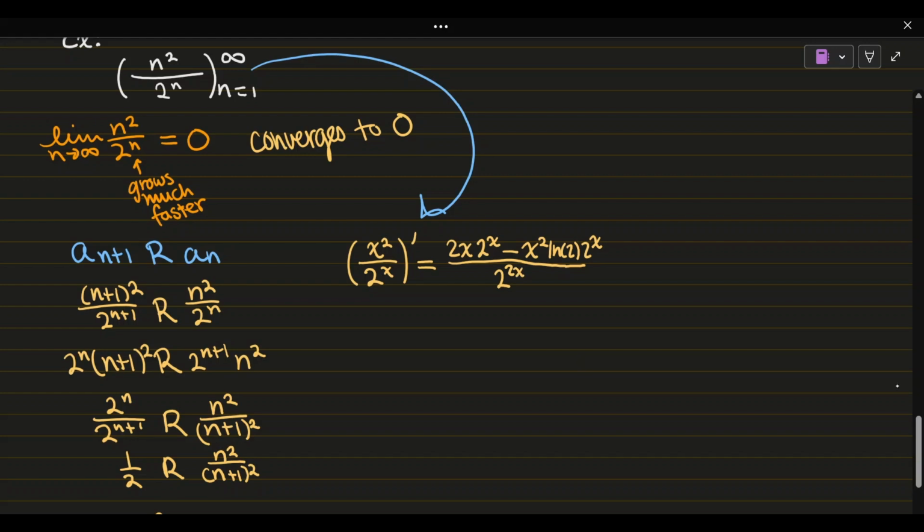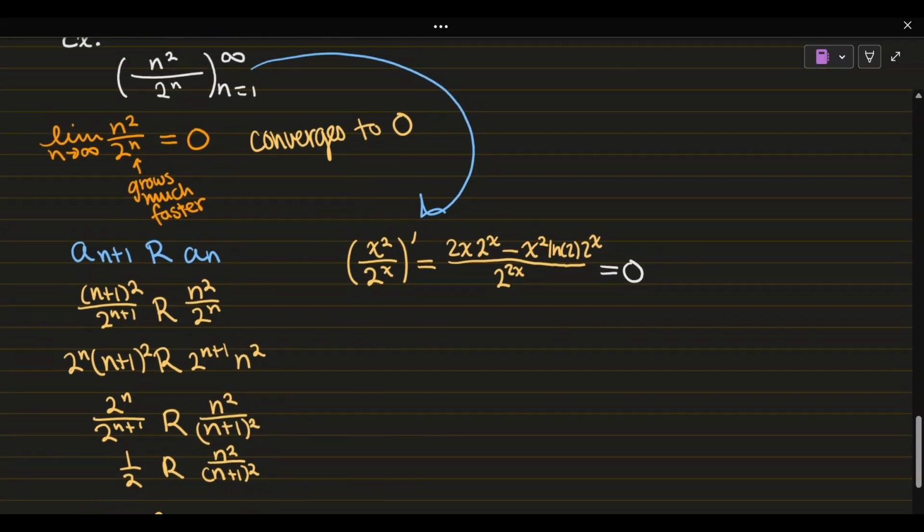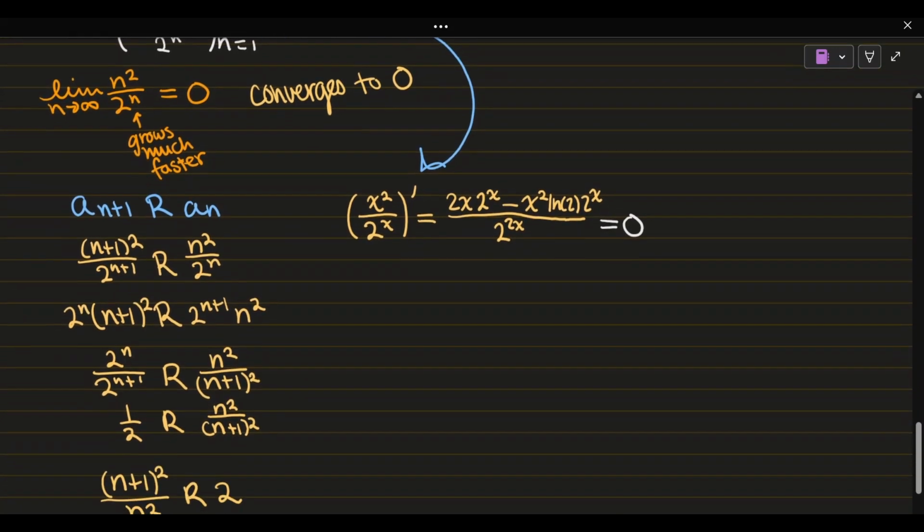I want to set this equal to 0 to find minimums and maximums of my original function. So I can cross this out, and I'm just left with all of this over 2 to the x.